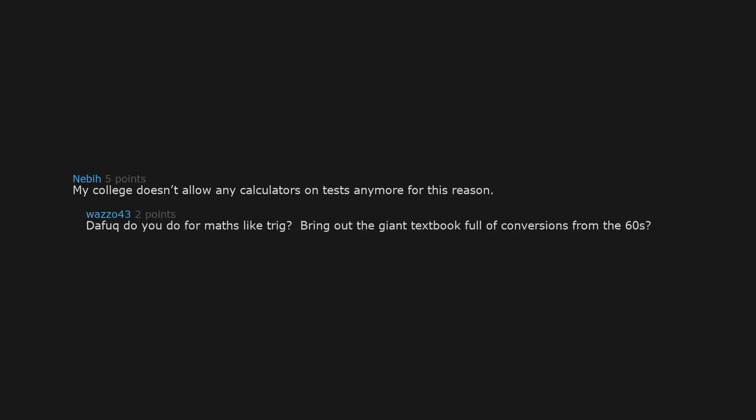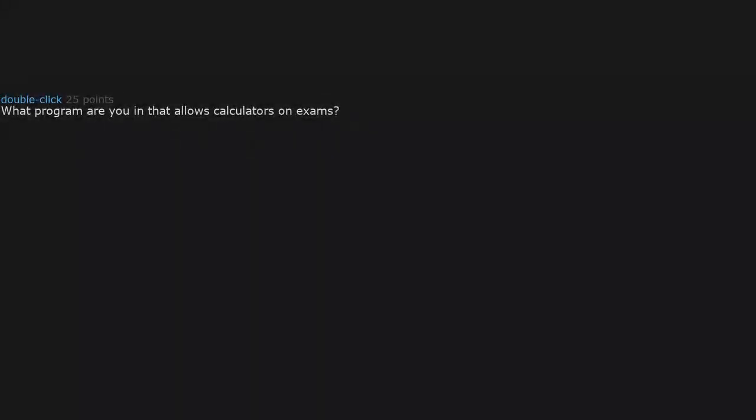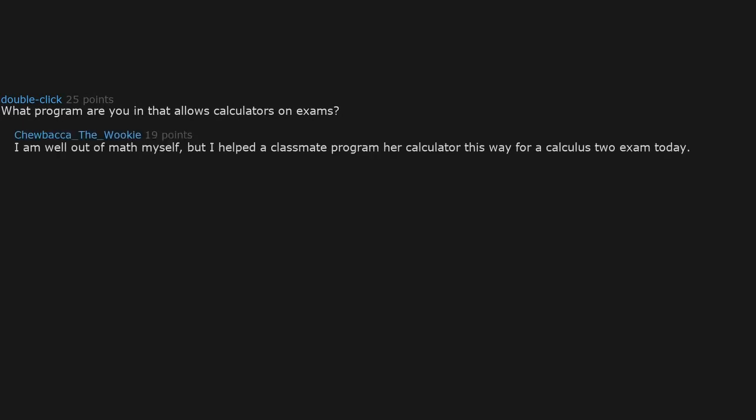My college doesn't allow any calculators on tests anymore for this reason. Da fuck do you do for maths like trig? Bring out the giant textbook full of conversions from the 60s? What program are you in that allows calculators on exams? I'm well out of math myself, but I helped a classmate program her calculator this way for a calculus 2 exam today.